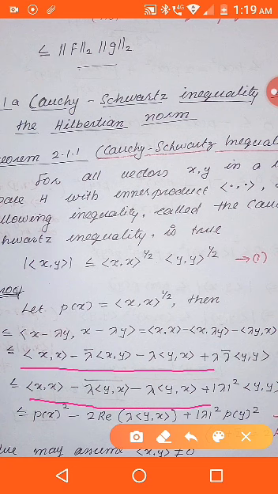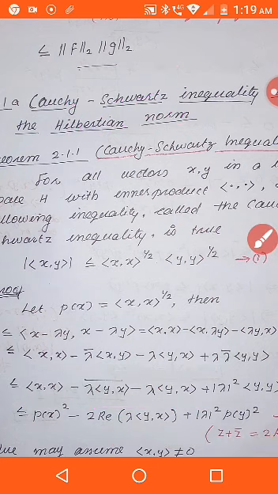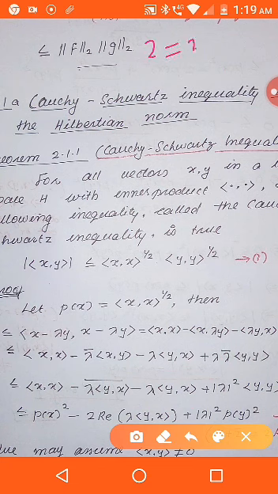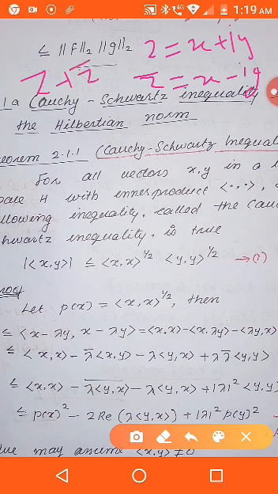We know that z plus z bar by 2 is equal to the real part of z, where z equals x plus iy. Z equals x plus iy means z conjugate is equal to x minus iy, which means z plus z bar is equal to x plus iy plus x minus iy, that is 2x, that is 2 into the real part of z.